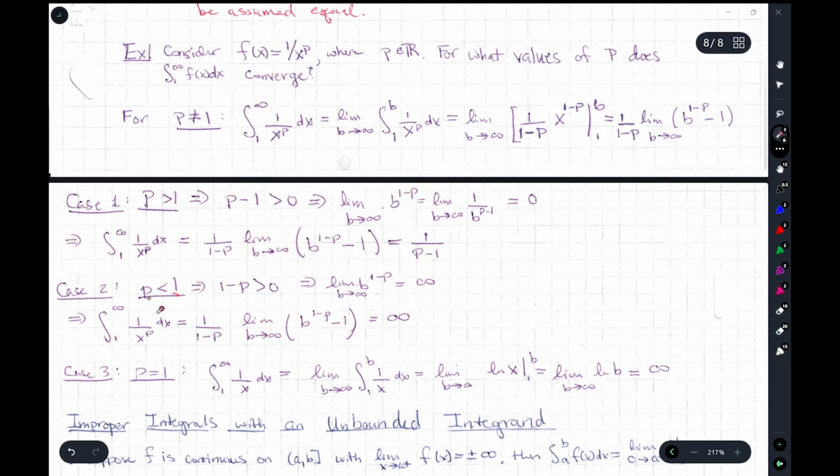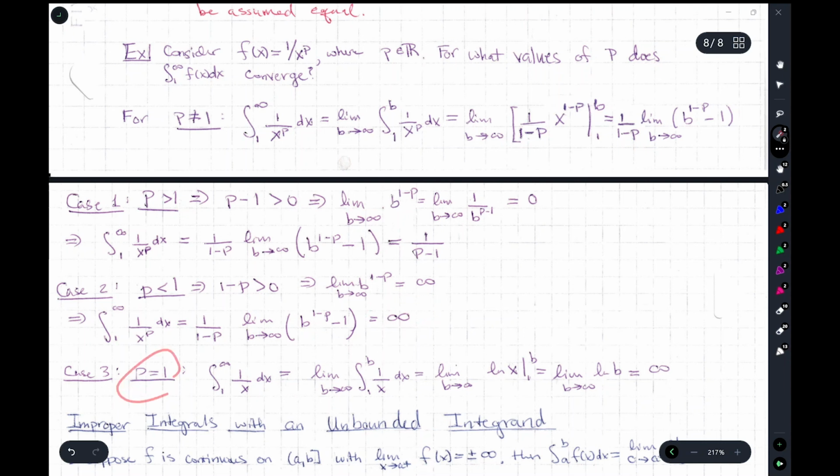For the case of p strictly less than 1, well, then we have 1 minus p greater than 0, and then b to the 1 minus p is divergent, right? So you'll get plus infinity as b goes to infinity. So it's a divergent integral.